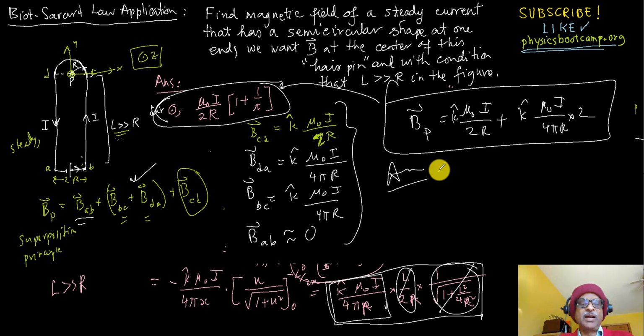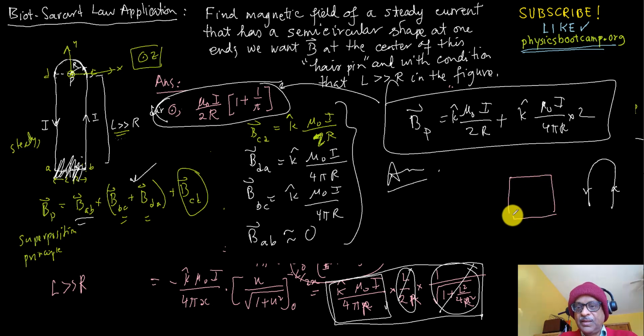Sometimes this problem will be asked by not giving this altogether, just this structure. Sometimes a variant of this problem will be like, okay, if I give you a square, all of this distance is L, and then I can ask you what's the magnetic field here if these have current I going around them. So that's another variation, same kind of math.